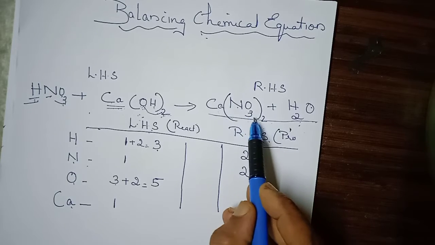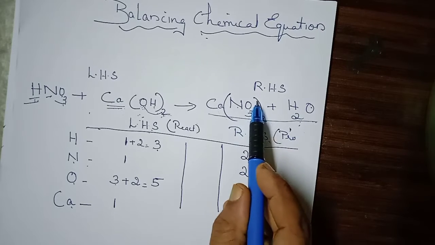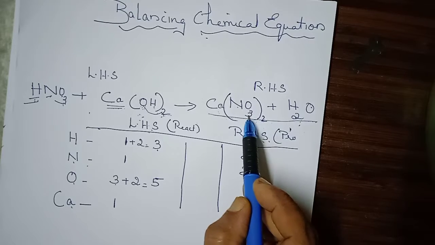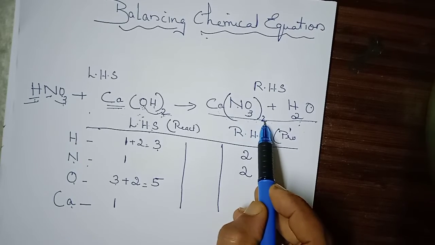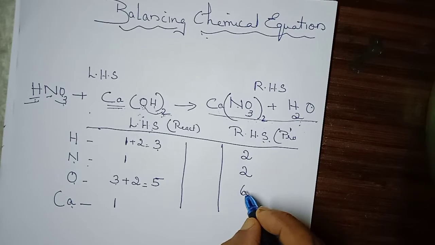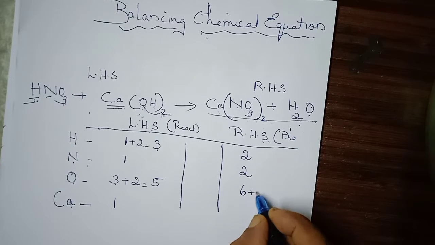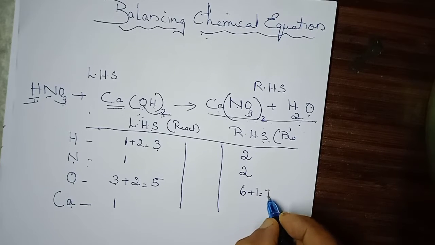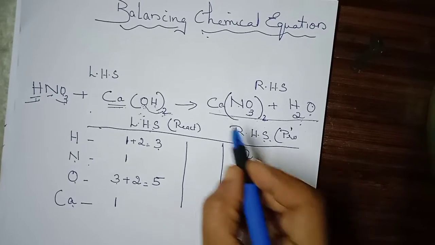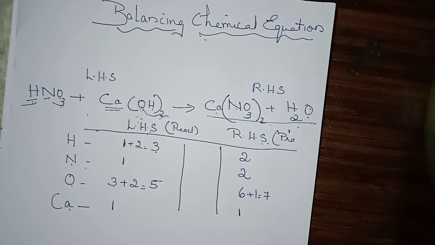Here, the 3 is applicable to oxygen. Now, since we have NO3 twice, we cannot add these two, we need to multiply. So 3 into 2 is 6. 6 plus 1 equals 7. Now next is calcium. Here also the number of atoms of calcium is 1.